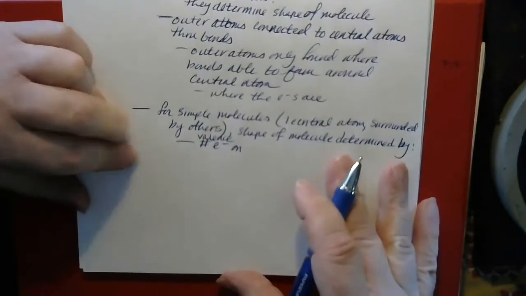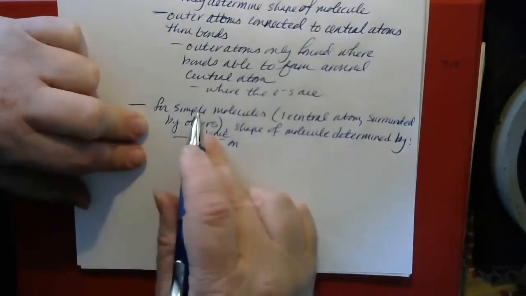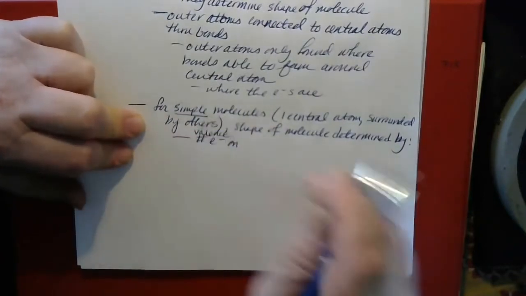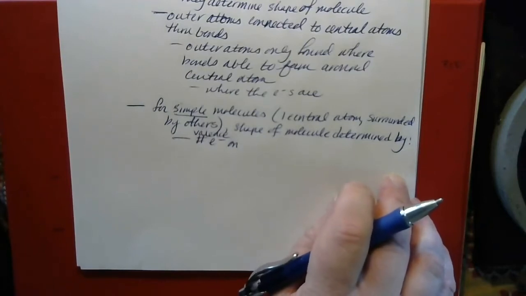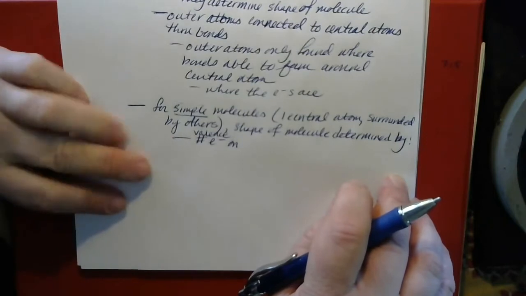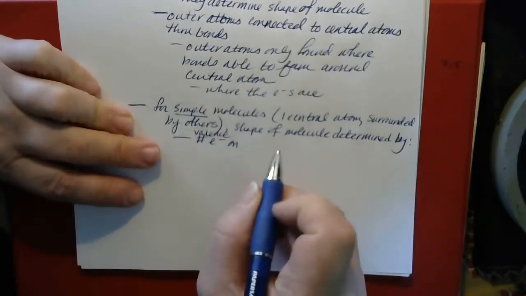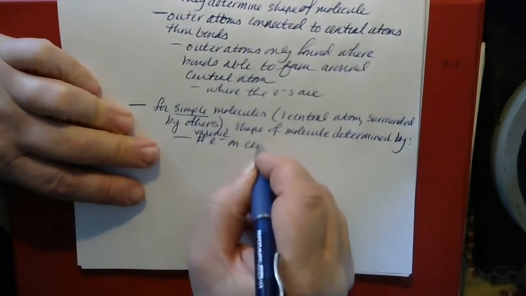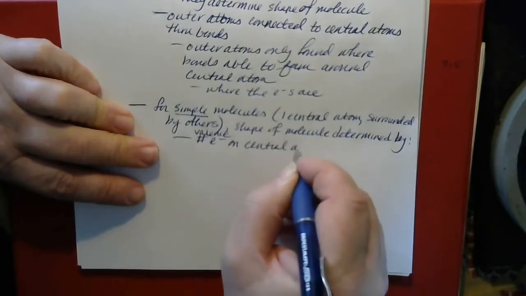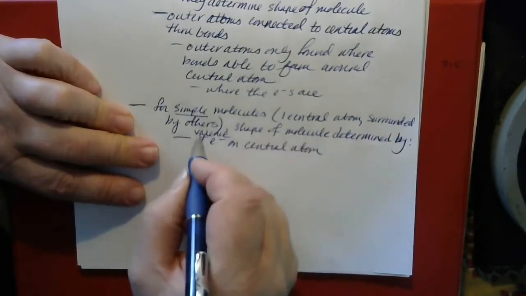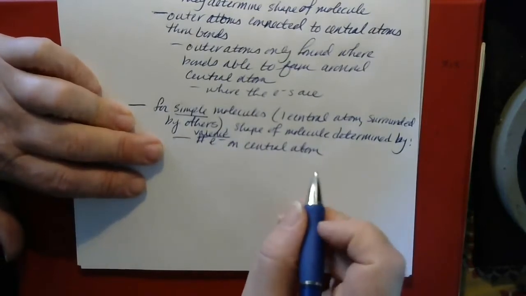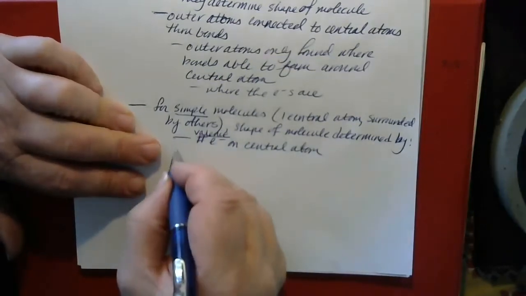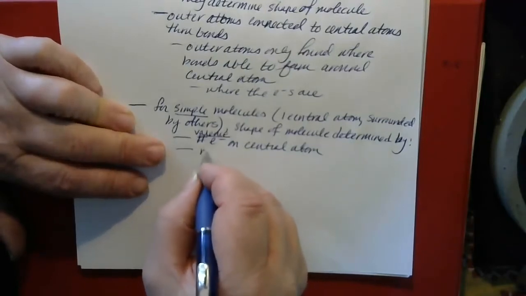And so the things that would affect the shape of the molecule for one of these simple molecules, that is the kind where you've got one central atom surrounded by the other atoms, would be the number of electron pairs on the central atom, particularly that is valence electrons, and the relative number of lone pairs versus bonding pairs.